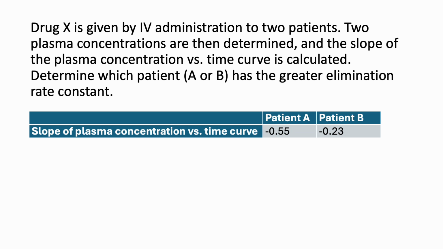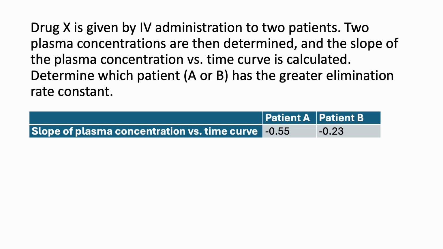Question. Drug X is given by IV administration to two patients. Two plasma concentrations are then determined, and the slope of the plasma concentration versus time curve is calculated. Determine which patient, A or B, has the greater elimination rate constant.